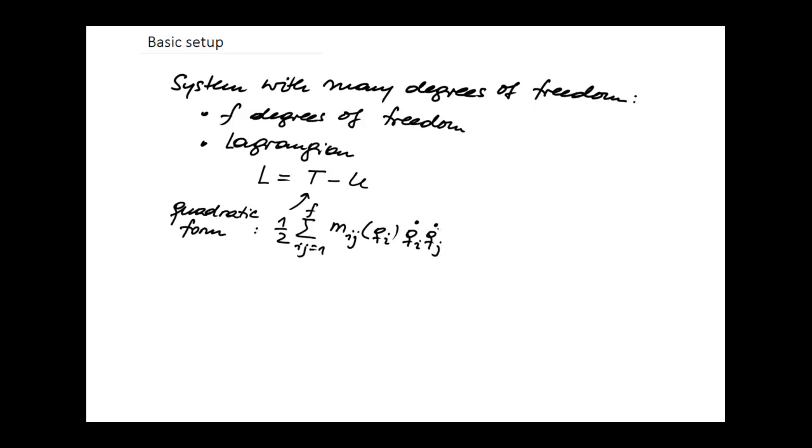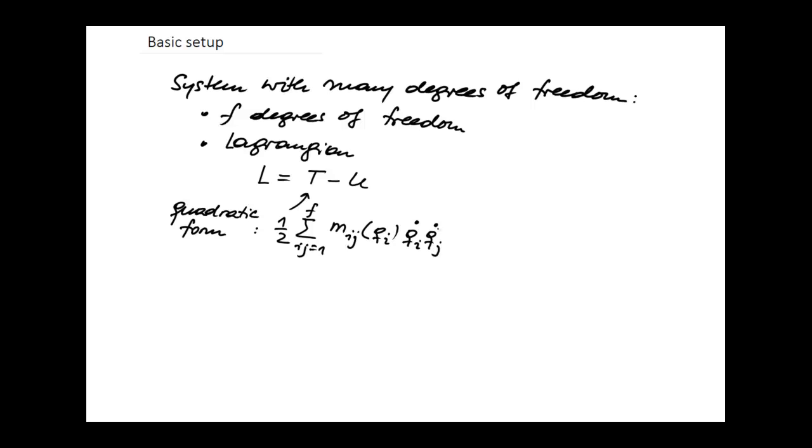Then in the new coordinates, the kinetic energy will generally have this quadratic form with no longer a scalar mass, but a kind of mass matrix whose entries may depend on configuration, but not on velocity and not on time.